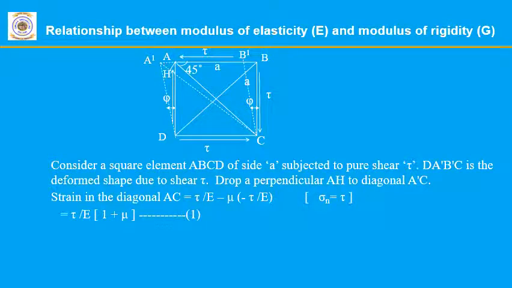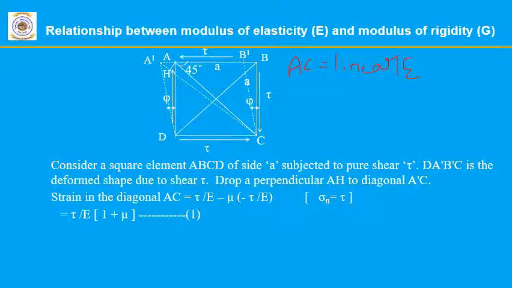Next, the strain. Due to the application of this pure shear stress, what happens across the diagonals? Across the diagonal AC, there is an increase in length, but across the diagonal BD, there is a shortening of the length. Therefore, the total strain across the diagonal AC is the linear strain epsilon.